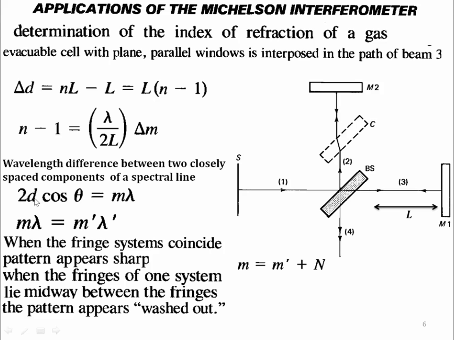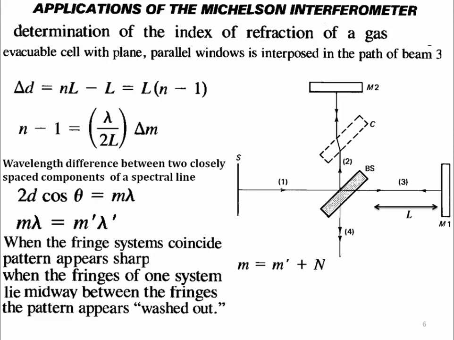So the equation would be 2 d1 cos theta. Since the two fringe systems are coinciding, theta is the same for both. So let us say this term is constant, equal to m dash lambda dash, and the second one will give you m lambda on the right hand side.